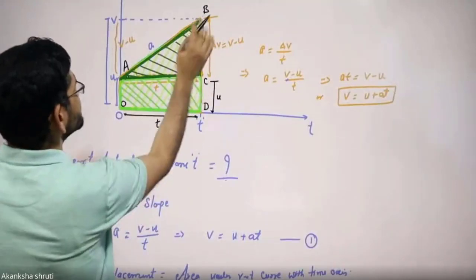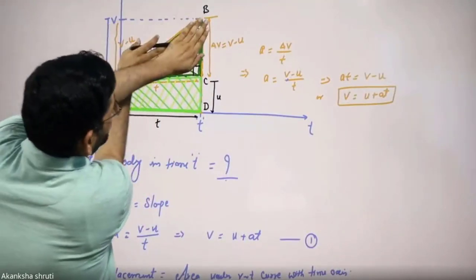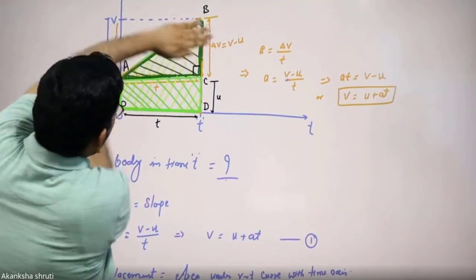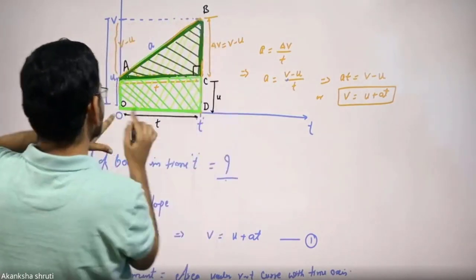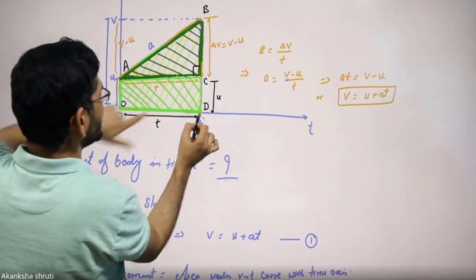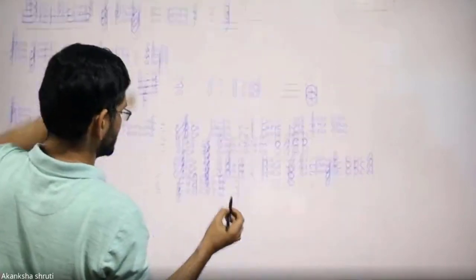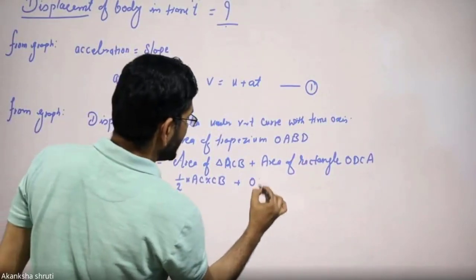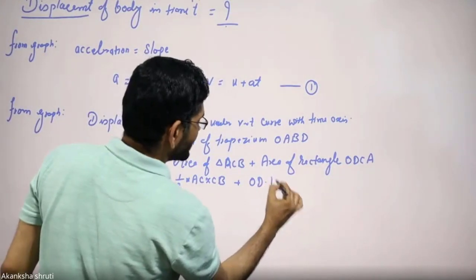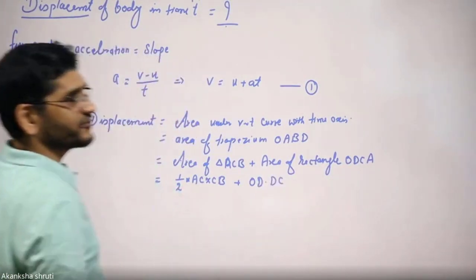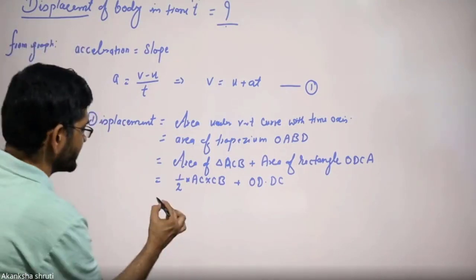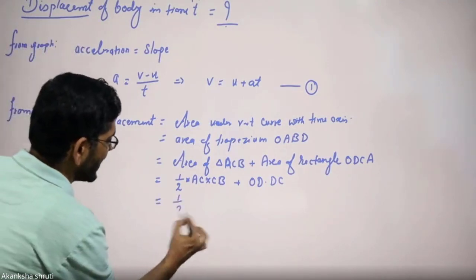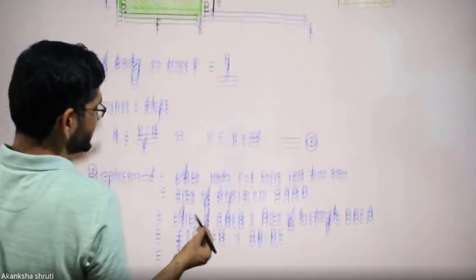Students, this much we have completed. So just forget this triangle for a moment. You have to observe this rectangle. So for the rectangle, this side is OD and DC. So it is OD multiplied by DC. This is the formula for the area of a triangle and rectangle that we are using, nothing else. Now this is half our AC that we have to substitute.